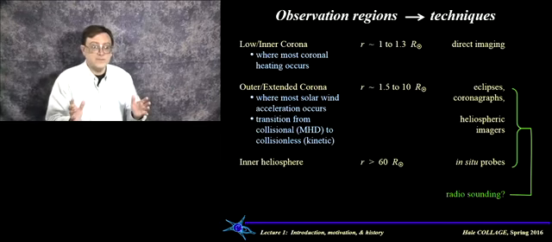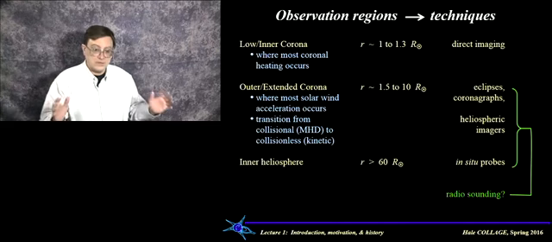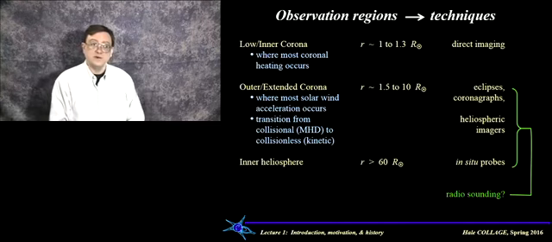But once we get above about 1.5 solar radii out to 10, 20, 30 solar radii, you really do have to block out the disk of the sun. You have to occult the sun with either naturally, wait for a total eclipse, or use an artificial eclipse, which is a coronagraph or a heliospheric imager type instrument that observes these regions.